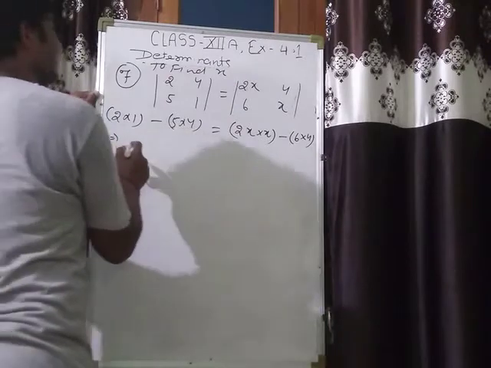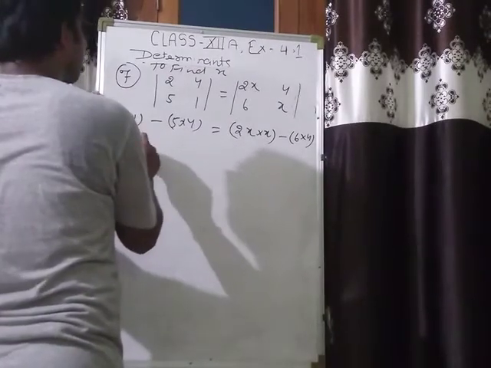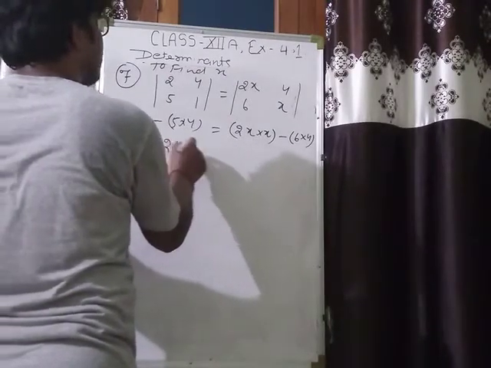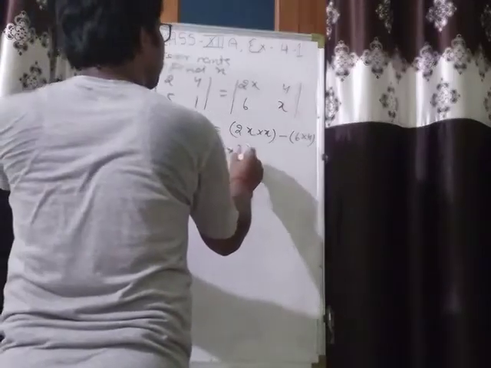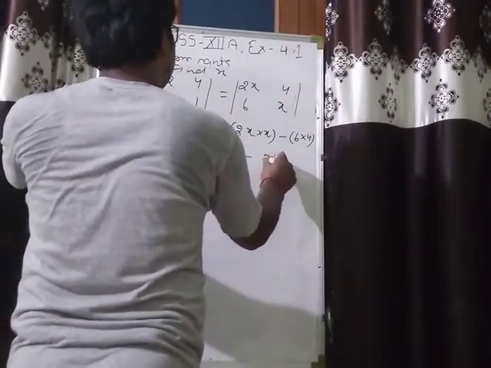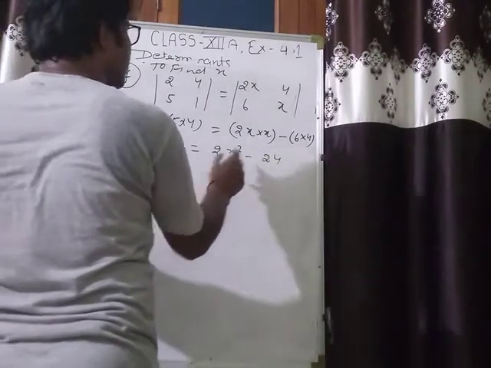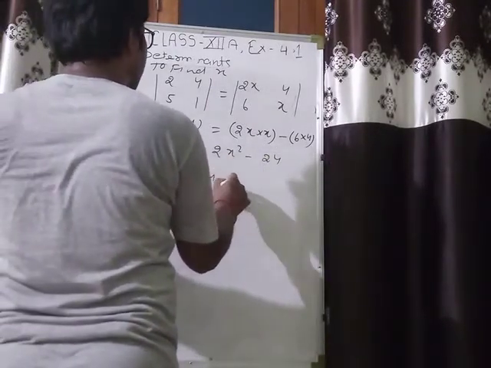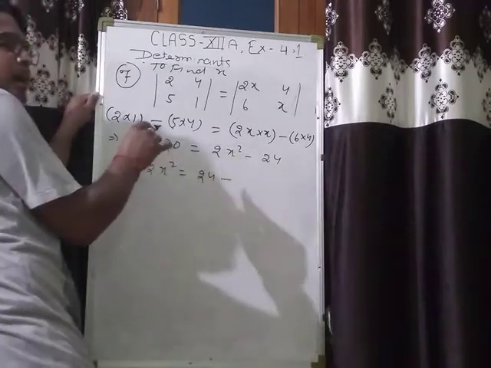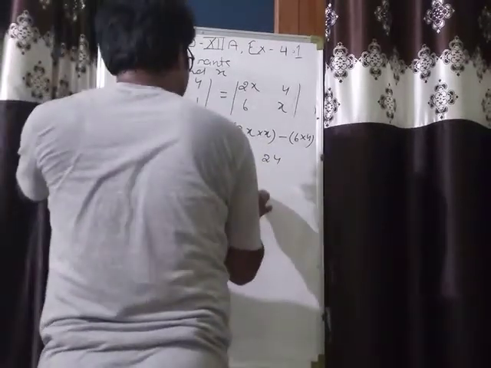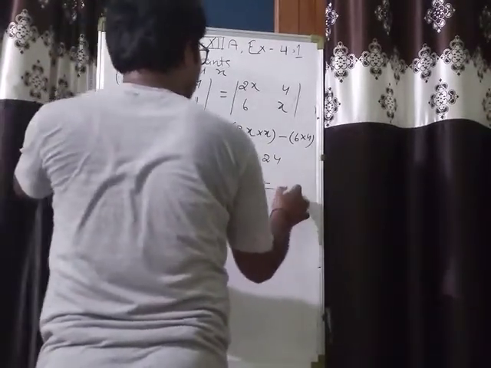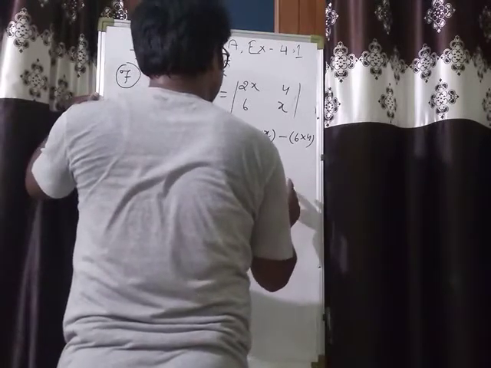So this one is 2 and 2 minus 20, that is 2x square minus 24. So from here what we have, 2x square is equal to, this is plus 24, and this one is 2 minus 20 is minus 18. So that is minus 24 minus 18 is 6.